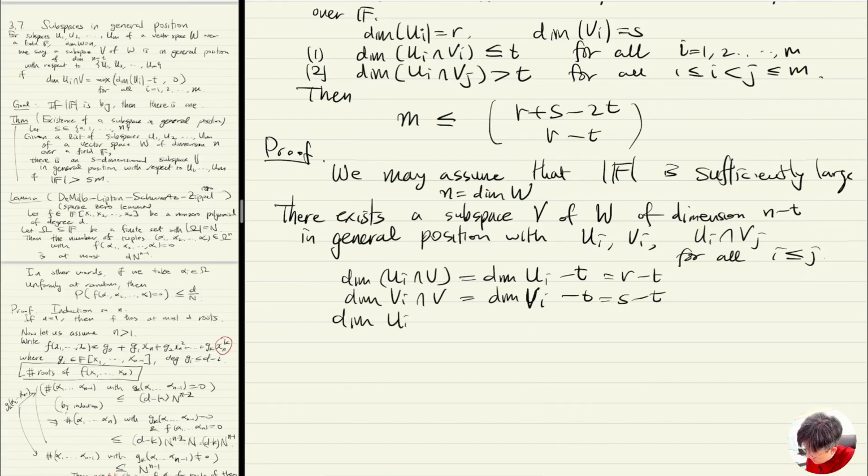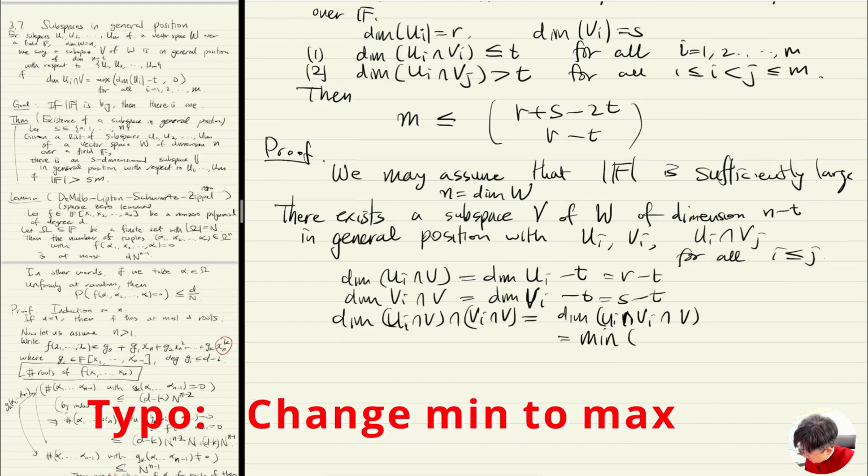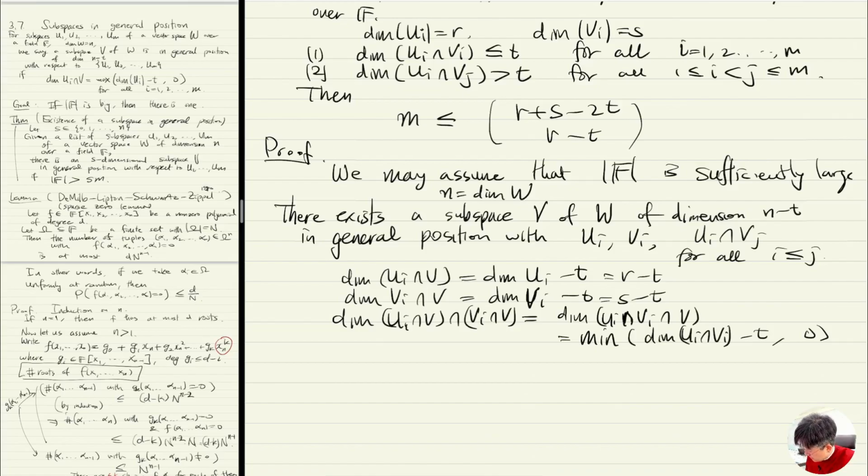The dimension of Ui intersection V intersection Vi intersection V is the dimension of Ui intersection Vi intersection V, which is the minimum of the dimension of Ui intersection Vi minus t and 0.